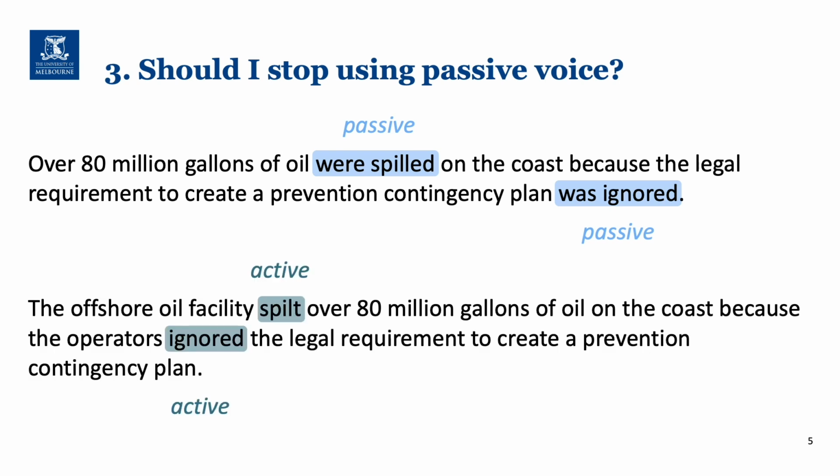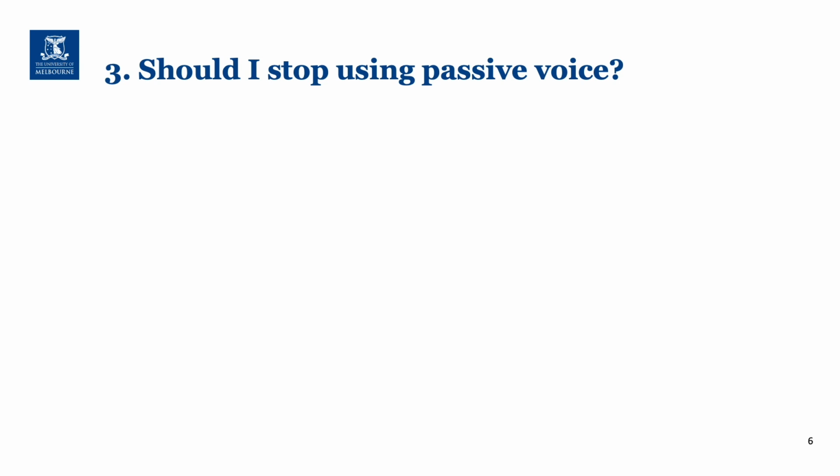The sentence using active voice makes us more aware of the offshore oil facility and its operators who were responsible. "The offshore oil facility spilt over 80 million gallons of oil on the coast because the operators ignored the legal requirement to create a prevention contingency plan." Passive voice can also make your meaning unclear.